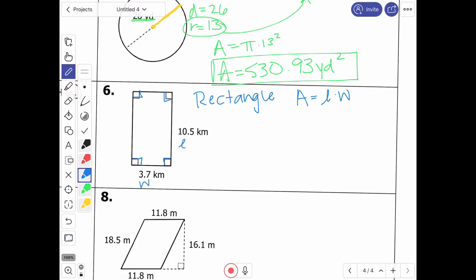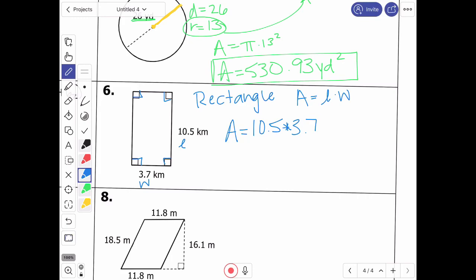It's not a huge deal either way. The only time that it might become a bigger deal is in word problems if you have to actually draw and they want it positioned a certain way, but typically it doesn't matter which one you call your length and your width. So for area, I'm going to take 10.5 times 3.7.